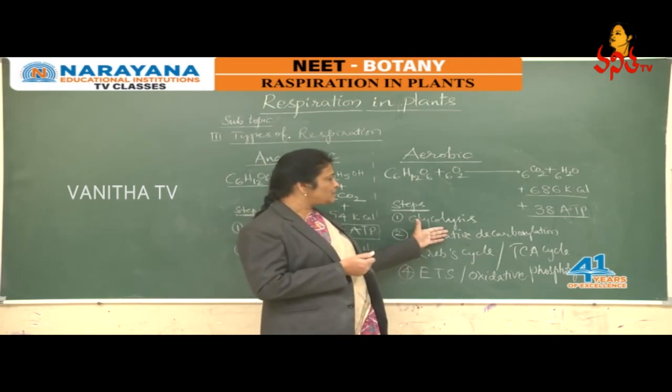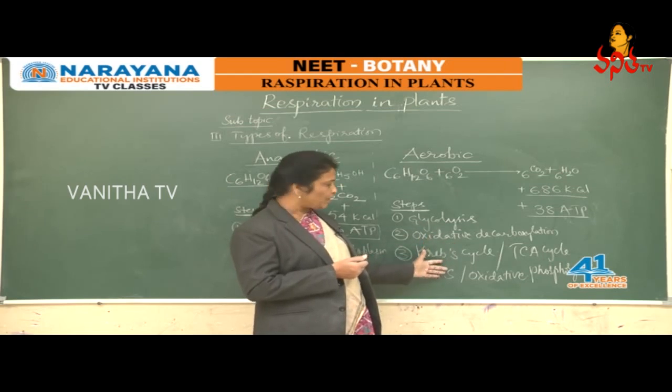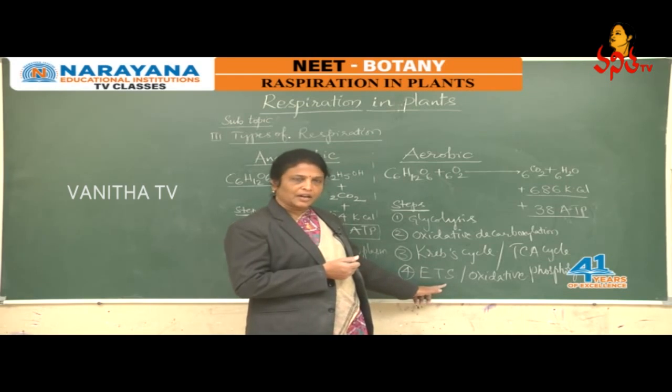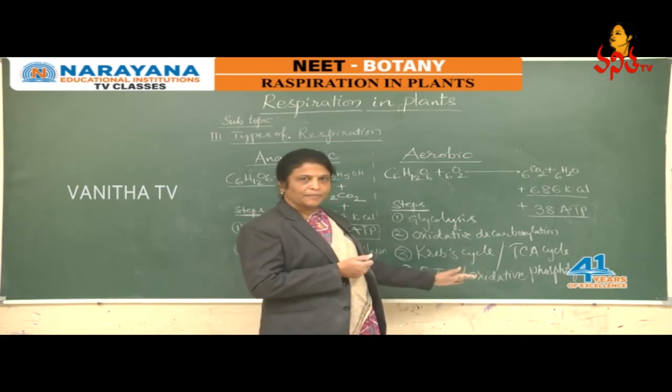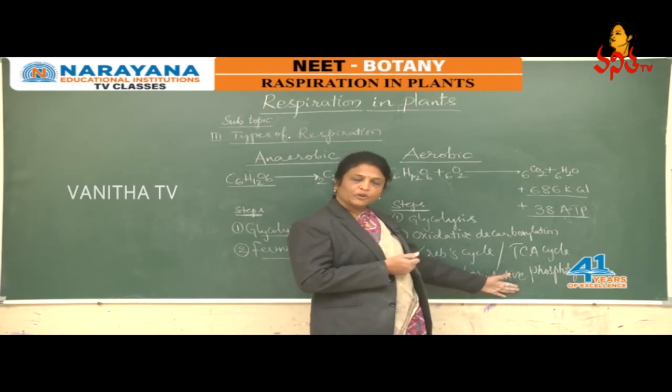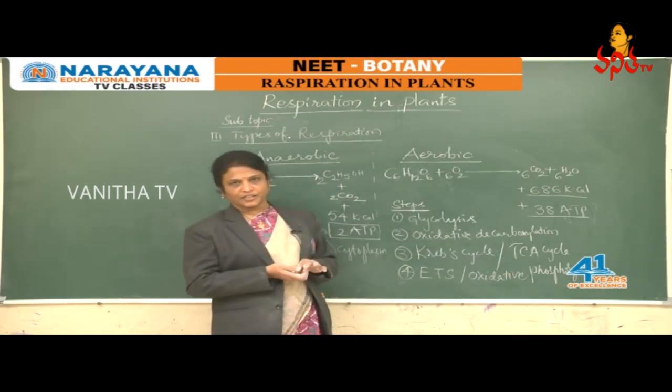So whatever energy is packed in the form of NADH2 and FADH2 is finally, in the last step in the electron transport system, liberated again and packed in the form of ATP by a process called oxidative phosphorylation.